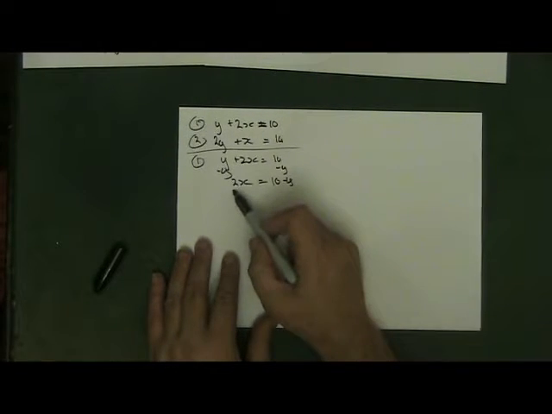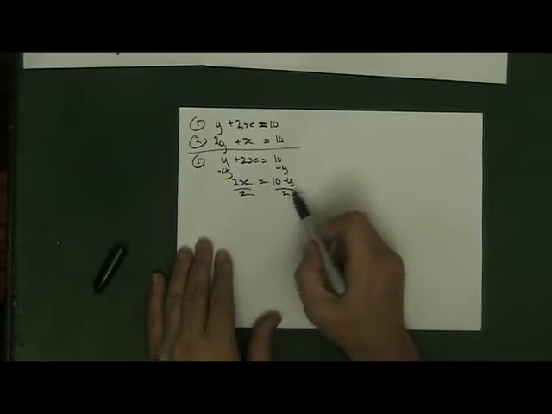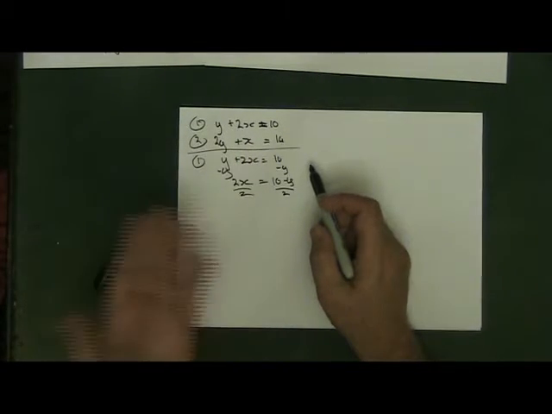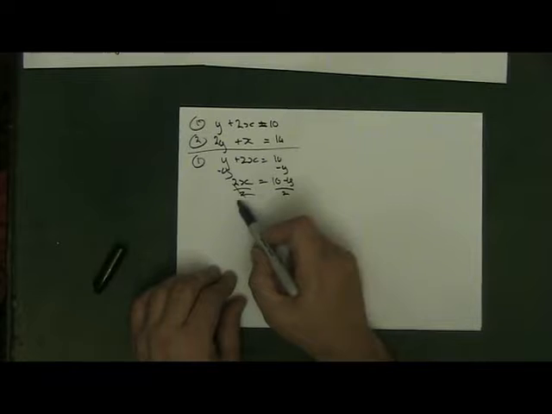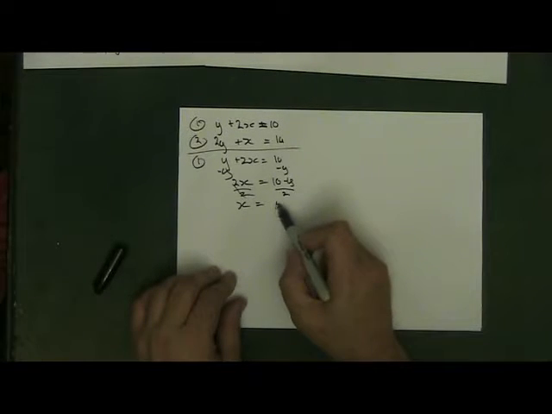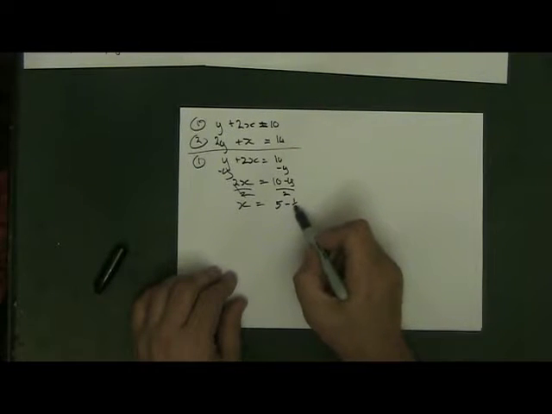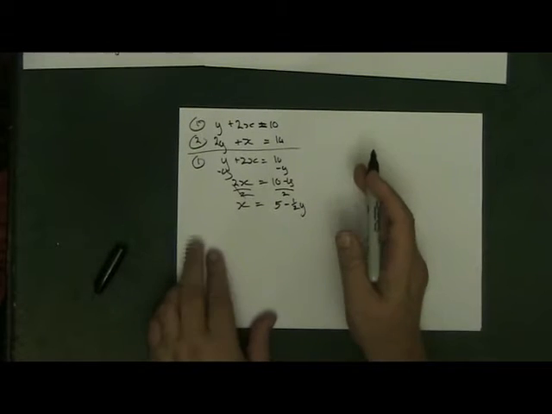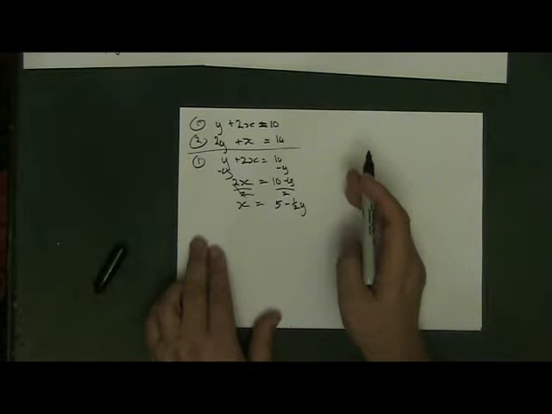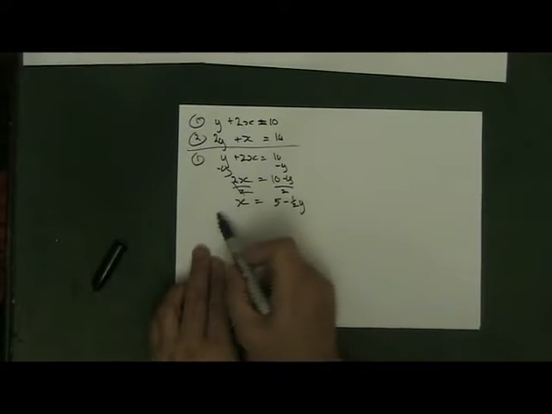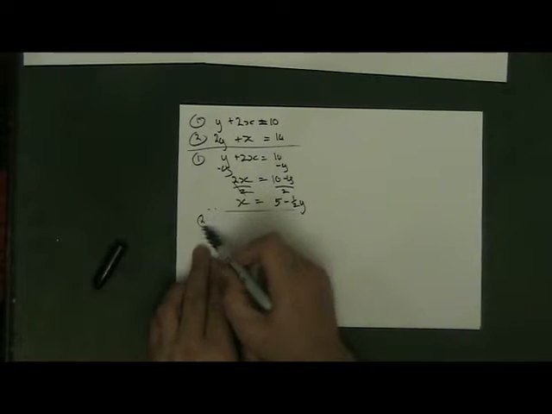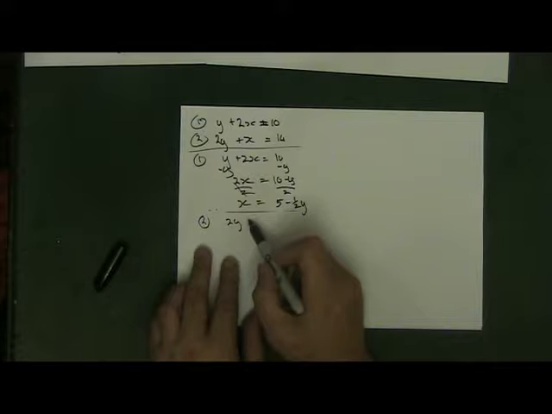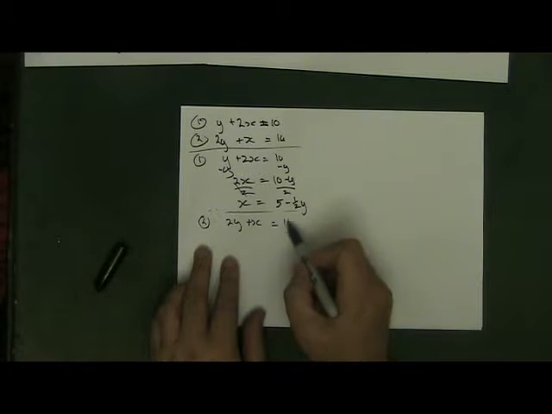Then I divide by 2 because I want x by itself, or I can multiply that by 1/2, doesn't matter. So x is equal to 5 minus half y. Okay, a little unusual, but we can deal with that. Then we do the same for equation 2. 2y plus x equals 14.